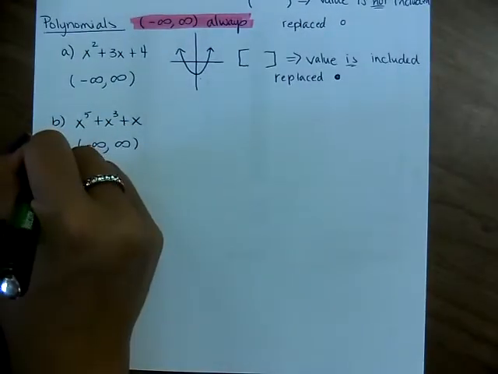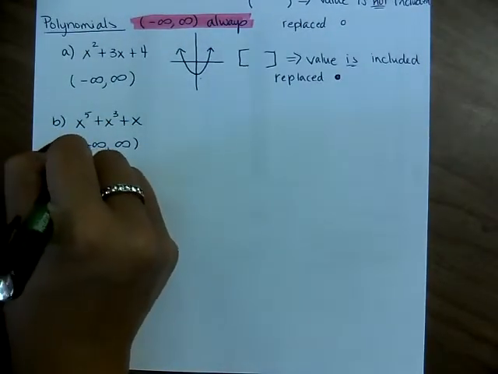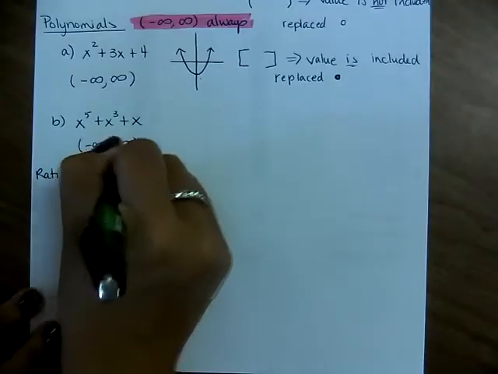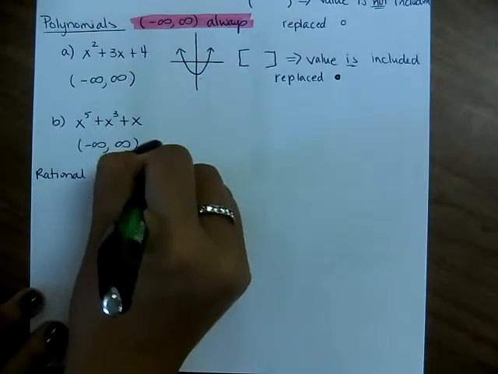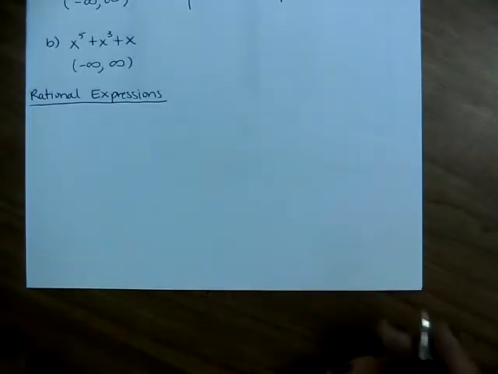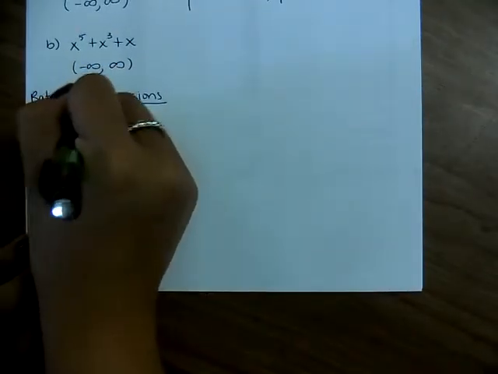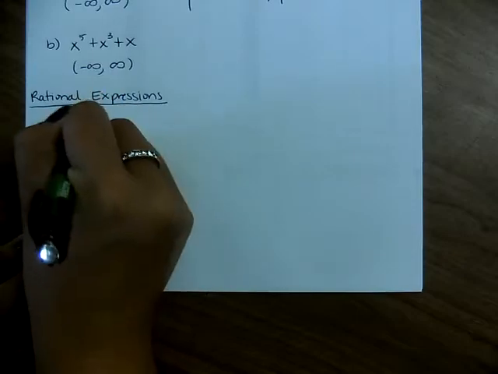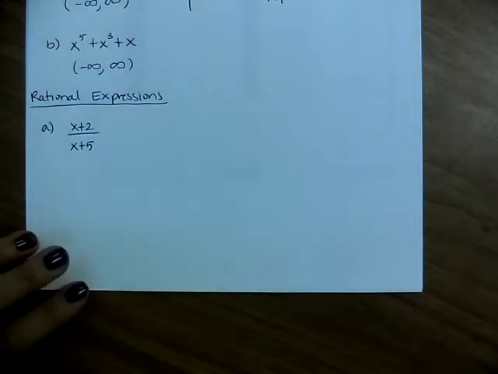Let's take a look at rational expressions. Okay, let's start with x plus 2 over x plus 5.